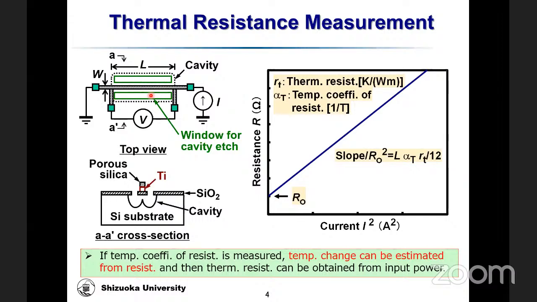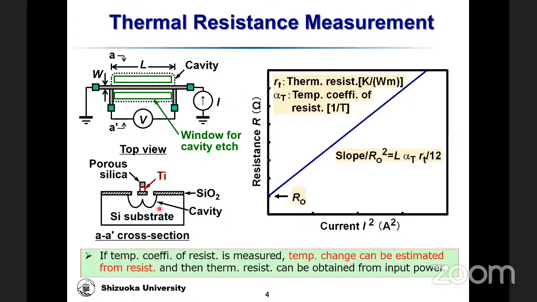And the good thing about this device is that we can simultaneously heat up the wire, and also we can measure the temperature of the wire by measuring the resistance change. And you can see from this cross-sectional view that this wire is suspended in air because there is a cavity inside the substrate.